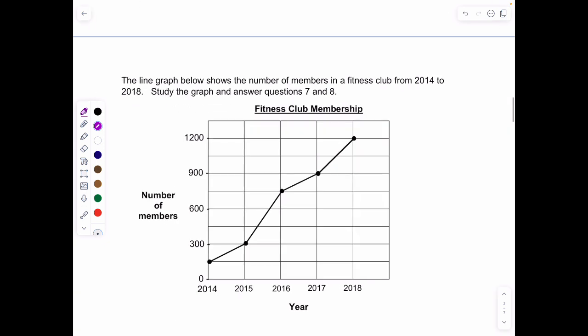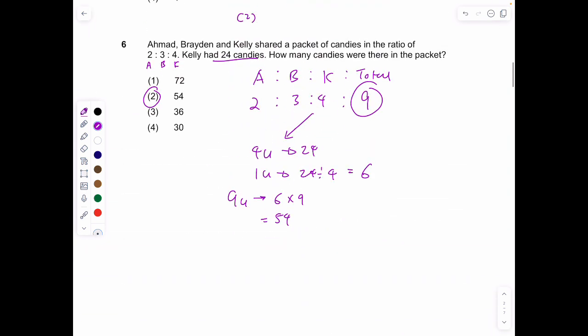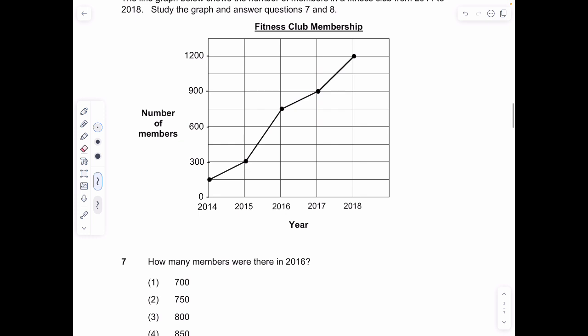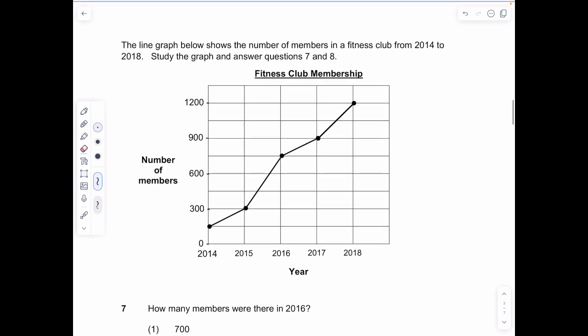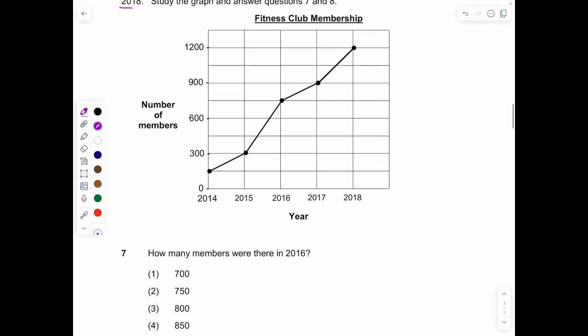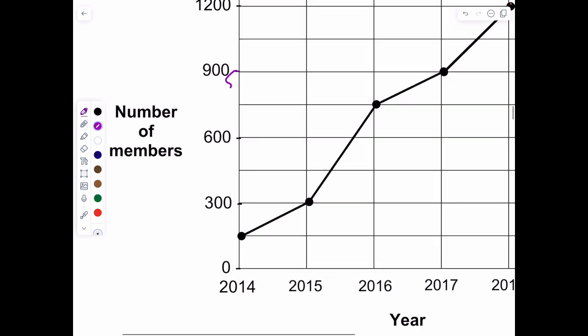Okay. Question number 7. The line graph below shows the number of members in 3 fitness clubs from 2014 to 2018. How many members were there in 2016? So we need to find out what is the interval between each number.